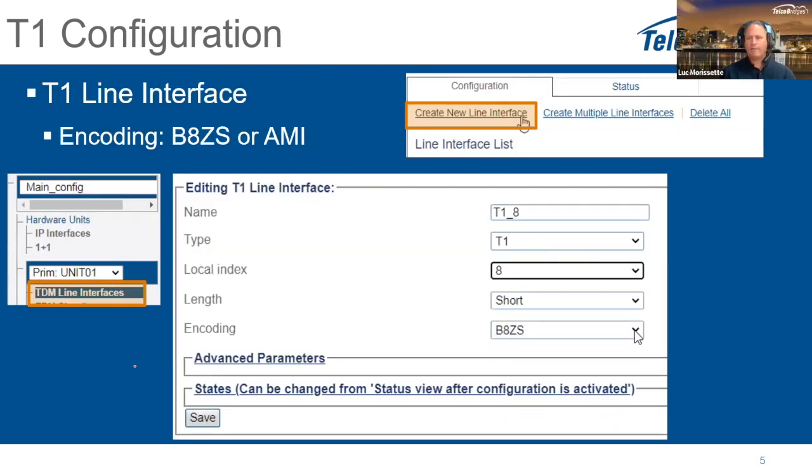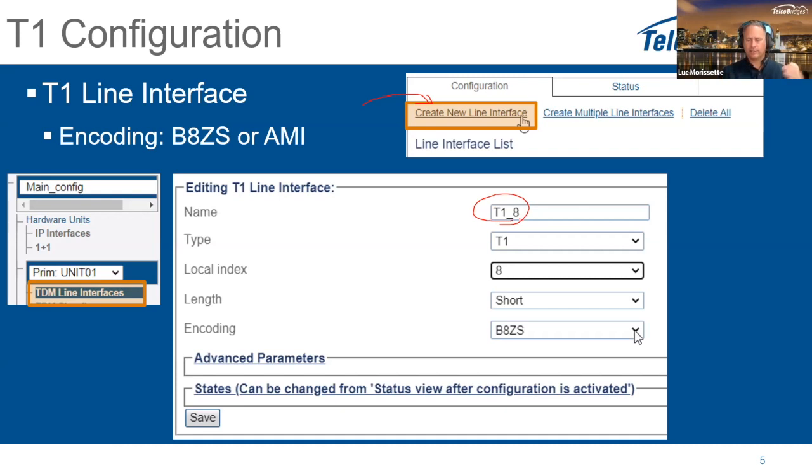The T1 configuration. So once you've decided to go with T1, then you will go here to TDM line interfaces, choose here create new line interface, right? And then put the name of the T1. So this would be a simple naming convention. So T1-8.